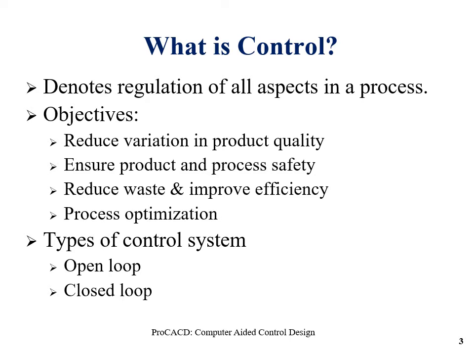closed loop system. In the closed loop system, the output variable is measured and compared to the desired variable, and based upon this difference between the desired value, which we call a set point, and the actual value which we get from the sensors at the output of the process, the control action is decided.